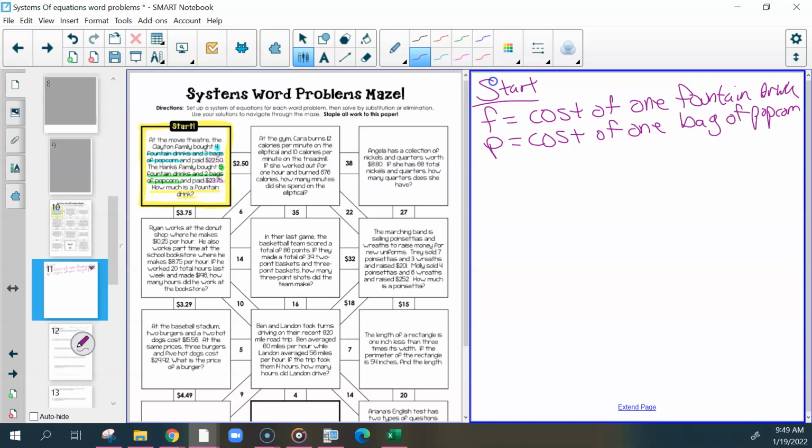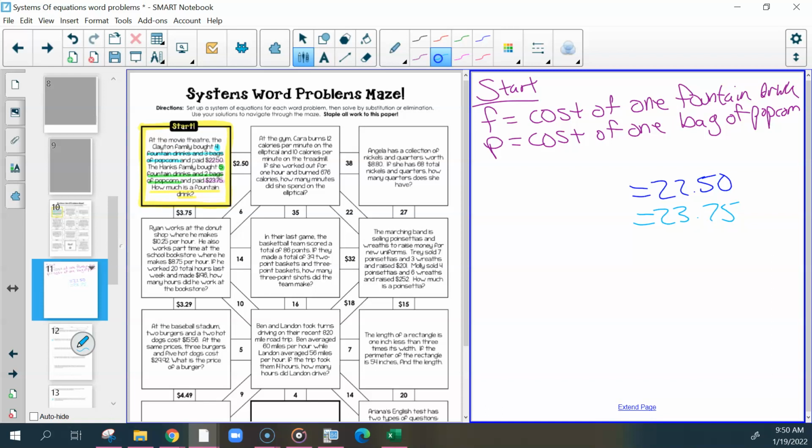For the two equations, do we have totals? Yes, what are they? 22.16 and 23.75. Because these totals are based on these specific families, that means all the numbers that one family had are going to go with that total, and all the other numbers are going to go with the other. So 4 fountain drinks and 3 bags of popcorn.